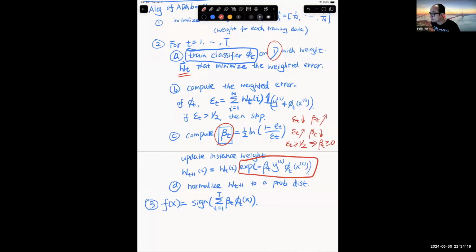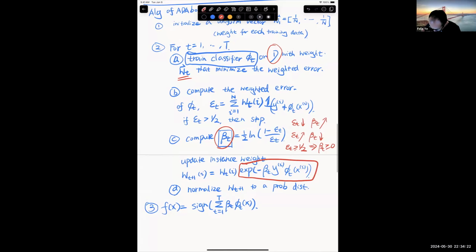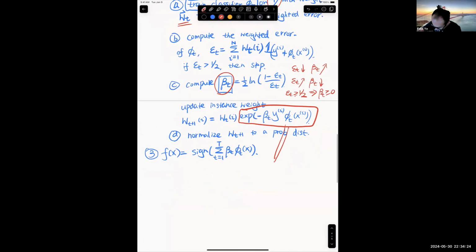And you can see if yi times phi t xi is equal to 1, that means either yi and my prediction are both 1, or both are -1. In any case, if the multiplication of these two is equal to 1, that indicates I have a correct prediction.